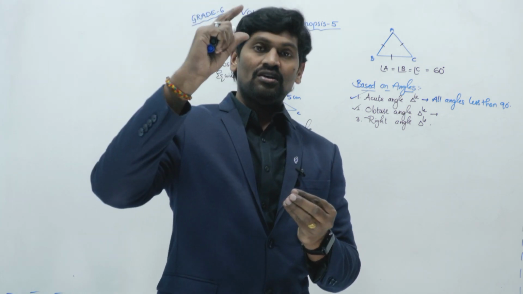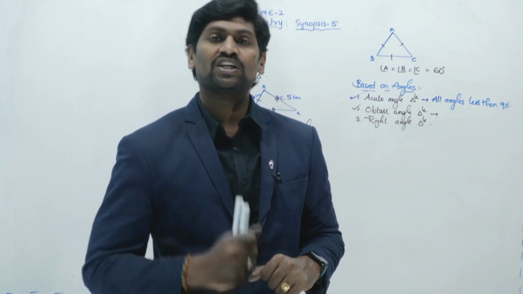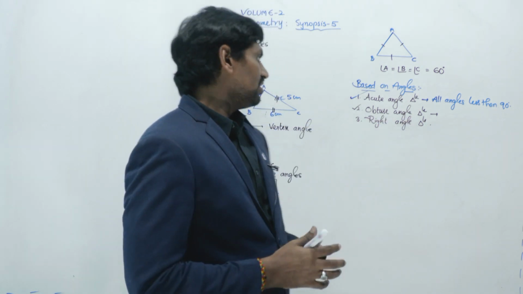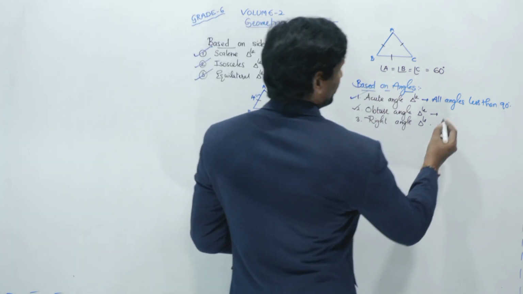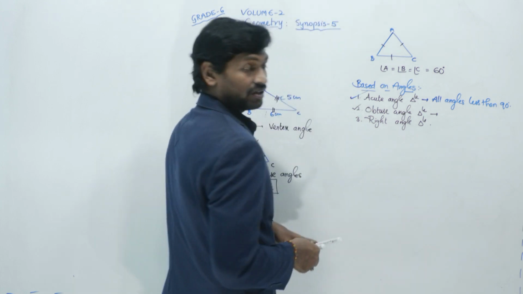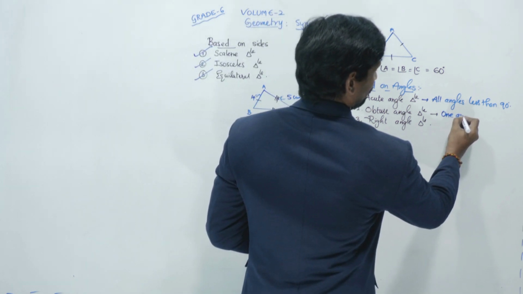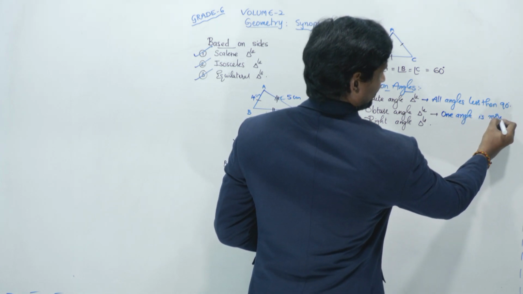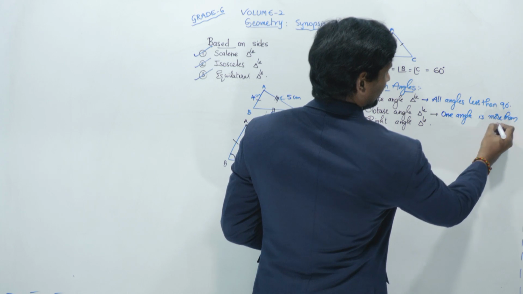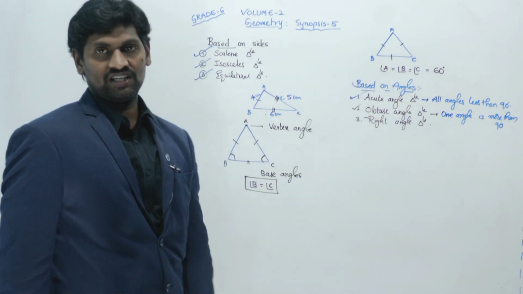So 120 plus 60 is 180, which satisfies the first property of a triangle. So in a triangle, only one angle is more than 90 degrees. That is called an obtuse angle triangle.